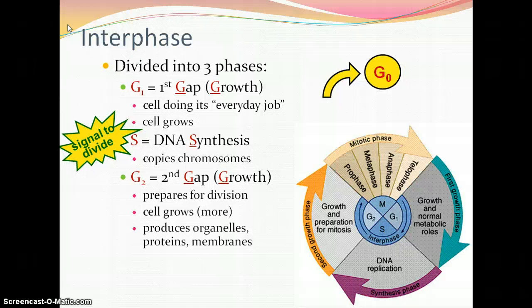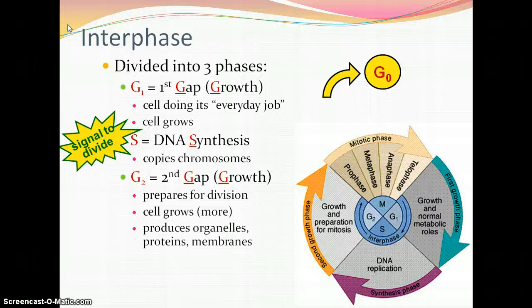So this is when the cell is doing its job. Its focus is on that protein synthesis. And then we have a signal occur where the S phase then begins. And this is when DNA is synthesized by the copying of chromosomes. This is when we have replication of the DNA.